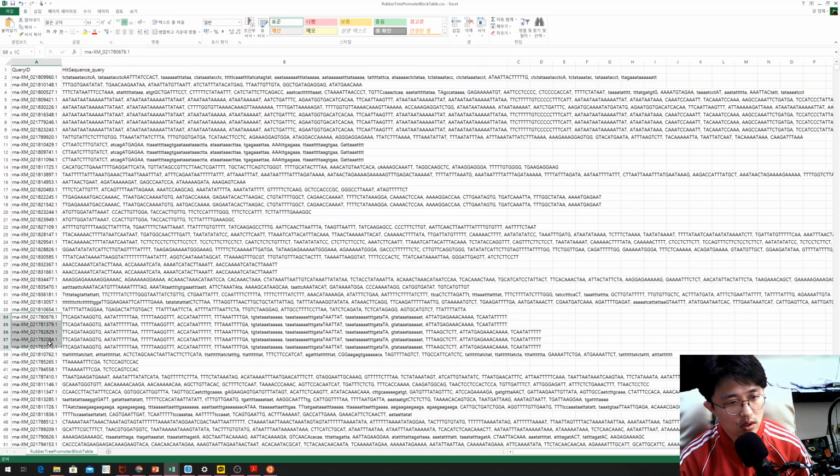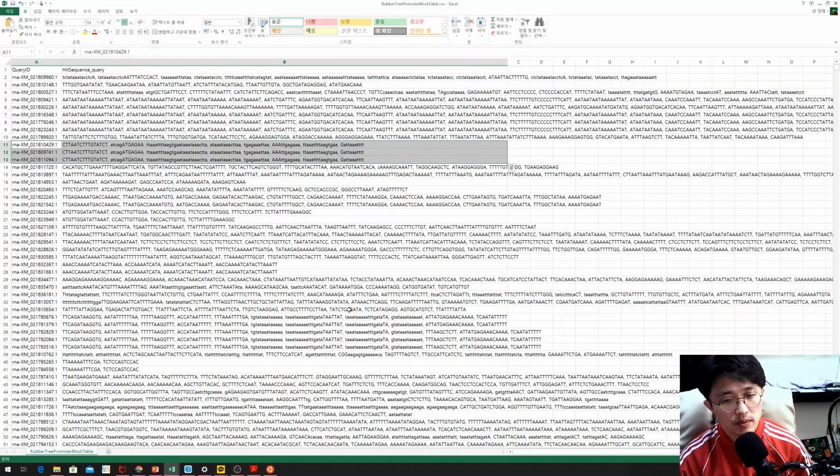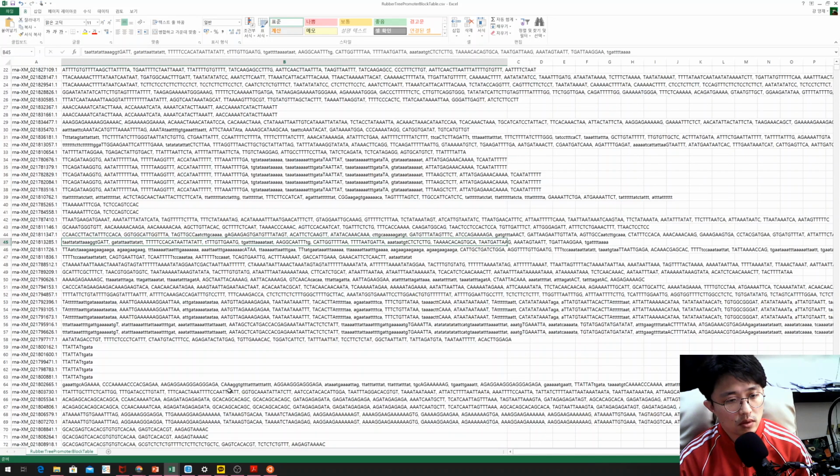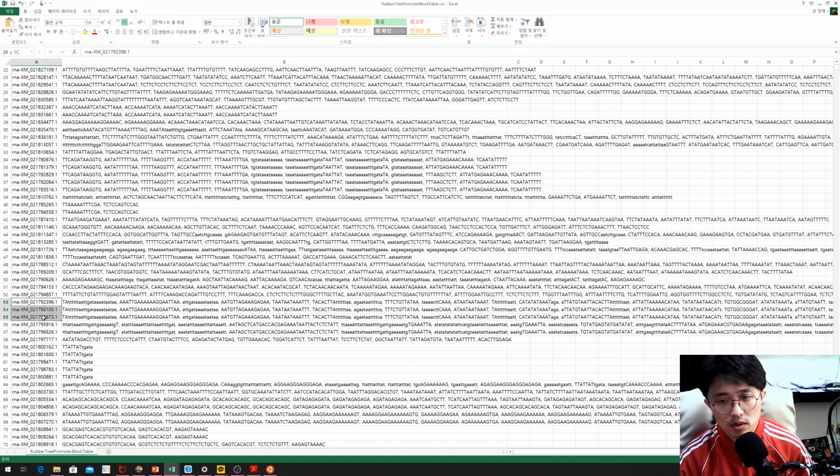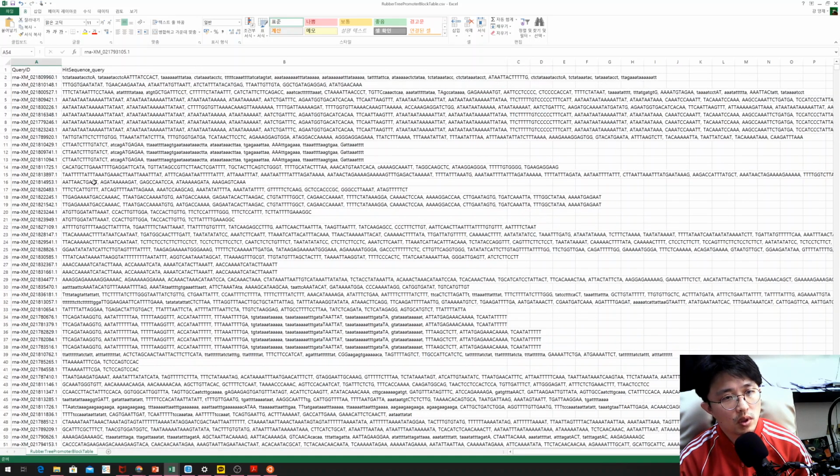So these genes are interesting. So maybe we can take a look at what type of genes are sharing these elements. How can we do it? This must be not so easy, but let me try.